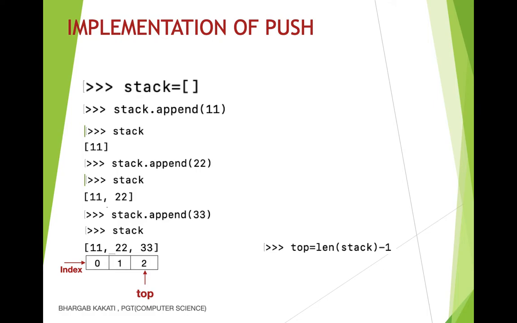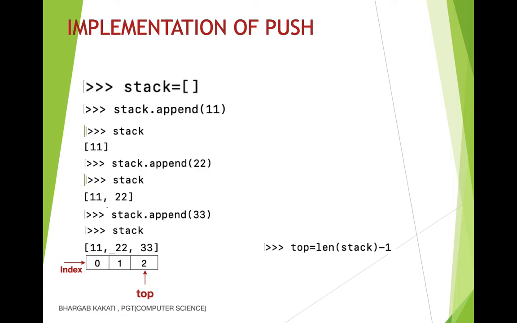So how to find out the value of top programmatically? You know a function called length, len. The len function counts the number of elements in a list and returns it. So if I give len stack, it will return the number of elements in the stack.